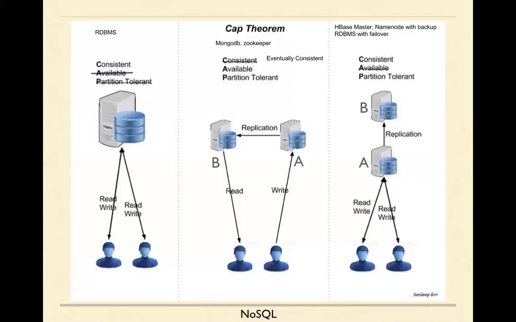Okay, in the RDBMS time, when there was no NoSQL, we had to build humongous highly available systems. So what we did was we manually sharded the database, meaning a table was broken into parts.